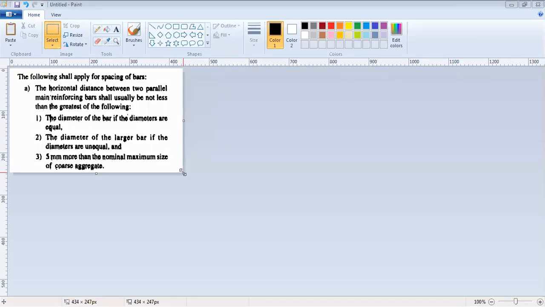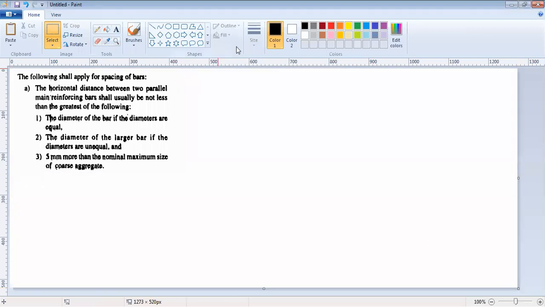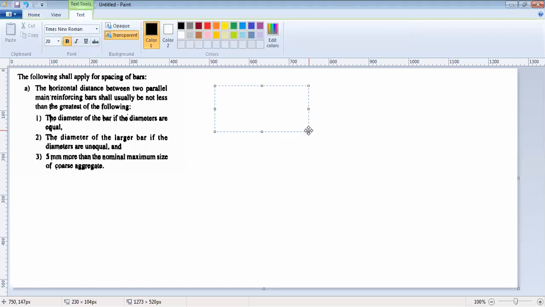Now this is what the code is saying. We shall apply this. So the first one is the diameter of the bar, if the diameters are equal. What is the diameter of the bar? If we are applying the first point, diameter of which bar? Longitudinal bar. How much did we take? 12 mm. It should be minimum this much.